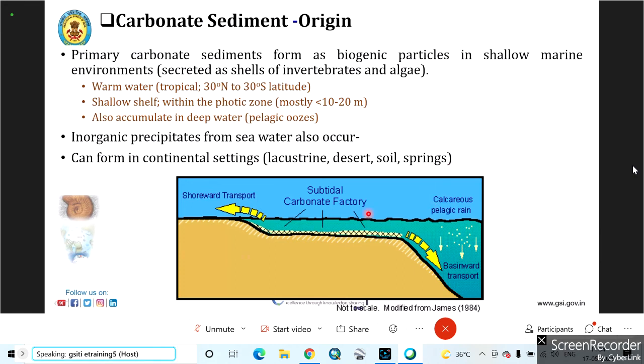So in this diagram, it is showing that the subtidal part of the sea produces most of the carbonate sediments, termed a carbonate factory, and from there carbonate is sometimes transported to the deeper part as well as to the seaward side.